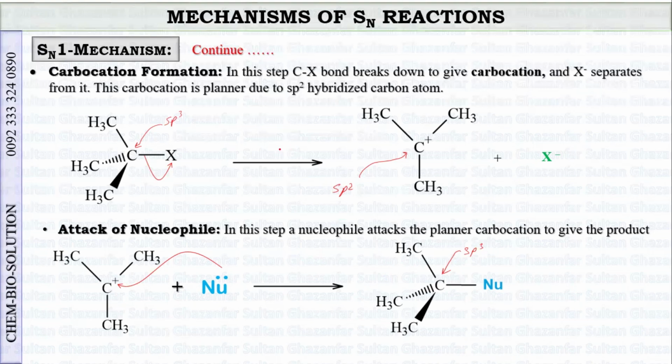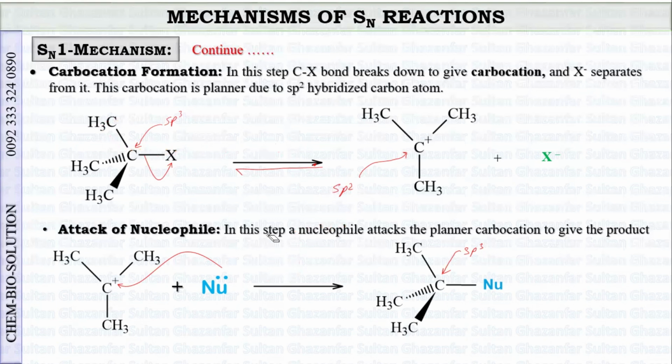And remember that the first step is the slow step, and it is a reversible step. I should write the reversible arrow here, and this is the slow step. And this is the fast step. So the slow step is always the rate determining step. And in this rate determining step, only the alkyl halide is there.